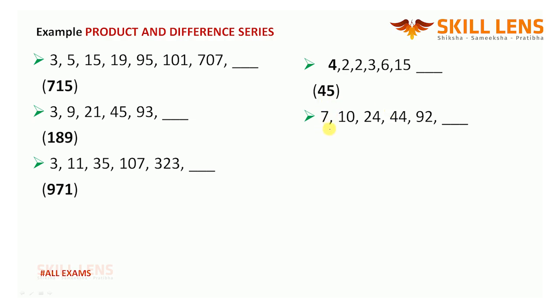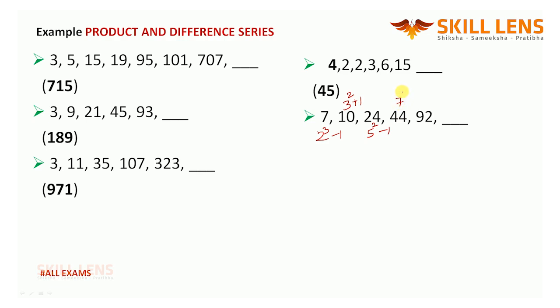Okay, 7 is going to be 2 cube minus 1. So this, I can write 3 square plus 1. Okay, so this, can I write 5 square minus 1? Yes. So this is going to be 2, 3, 5 and 7.